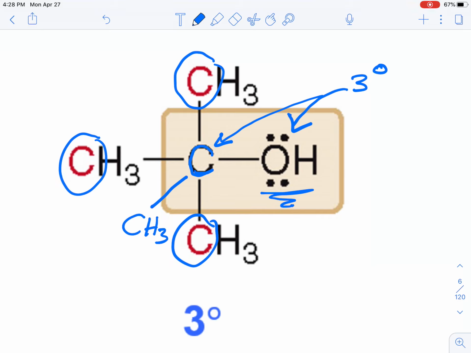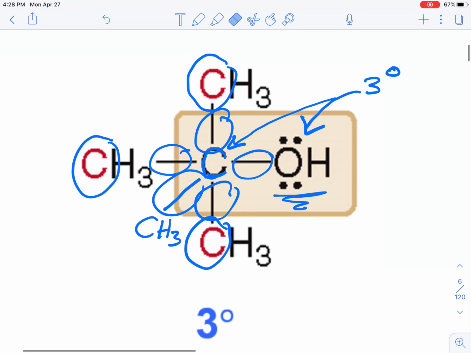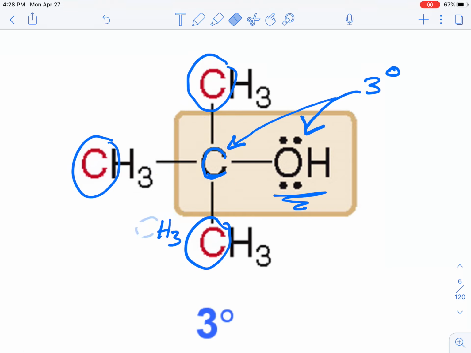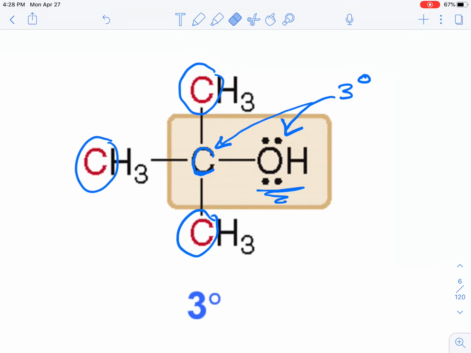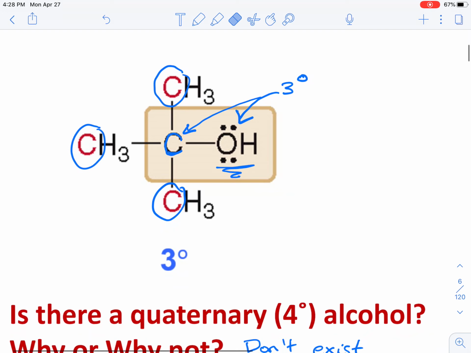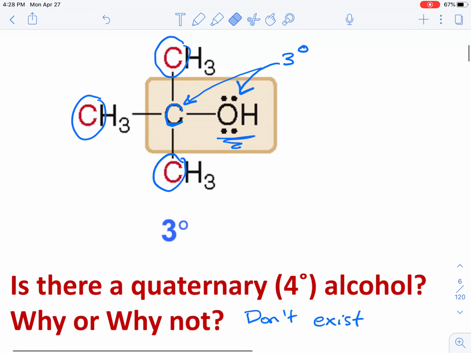But if you look at the number of bonds, this would be 1, 2, 3, 4, 5, which breaks the octet rule that carbon wants to abide by. And because adding another bond would break the octet rule, quaternary alcohols do not exist. So tertiary is the highest that it can go.